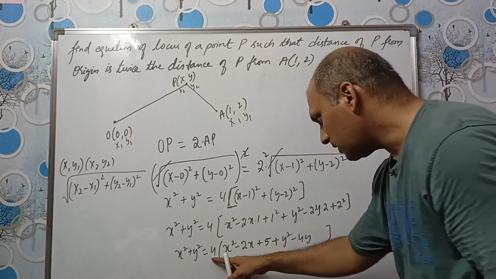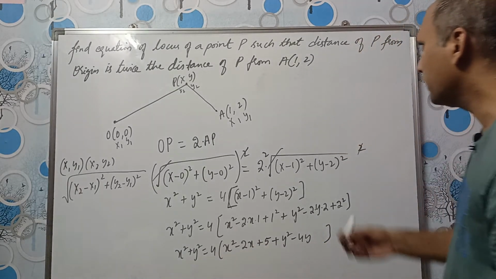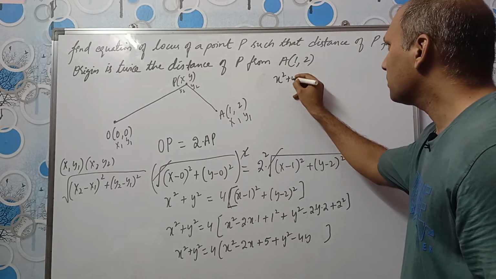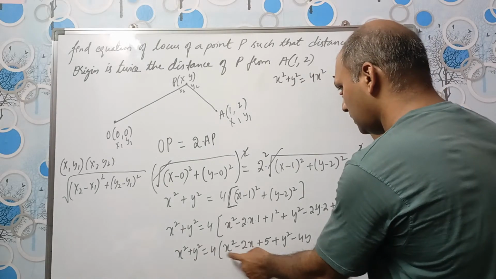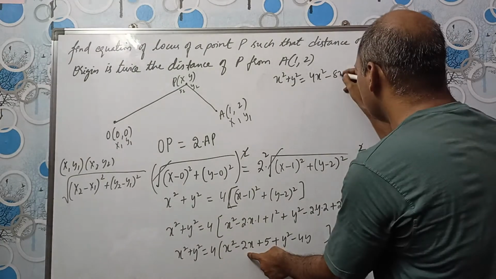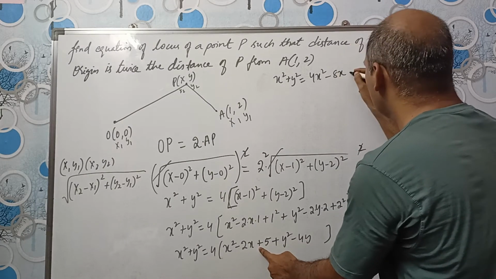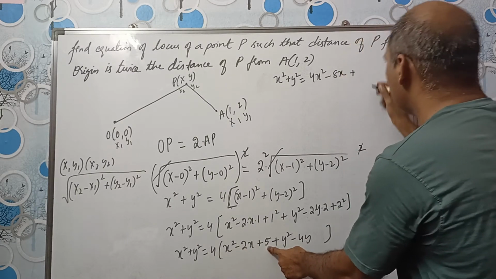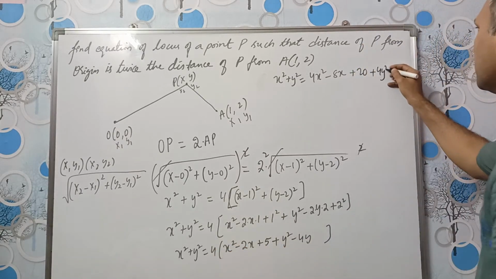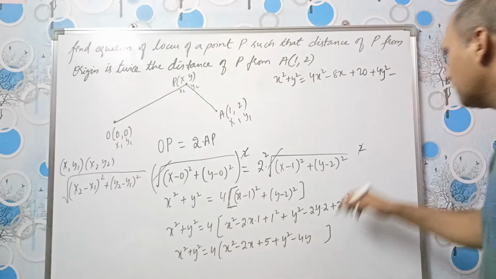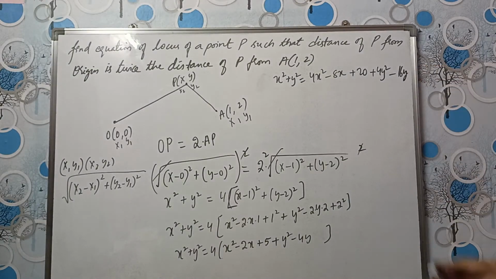Now see, if you multiply by 4, what do we get? I'll write here x square plus y square is equal to 4x square minus 8x, 4 into 2, plus 4 5s are 20, plus 4y square, minus 4 4s are 16y, right?